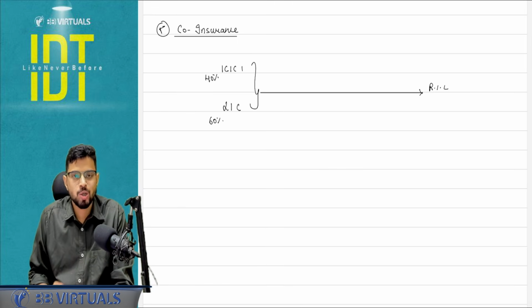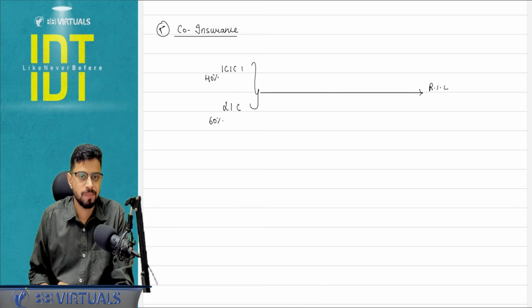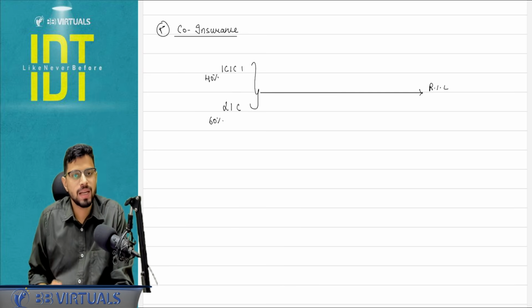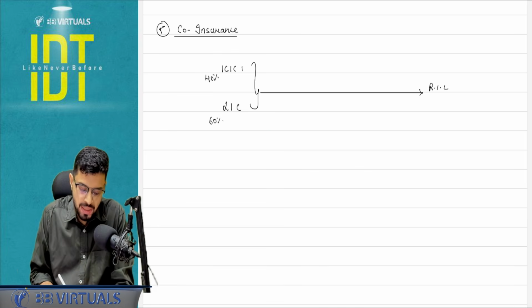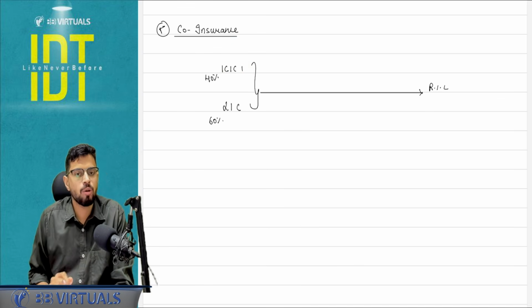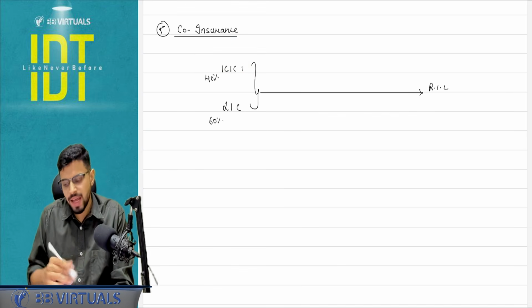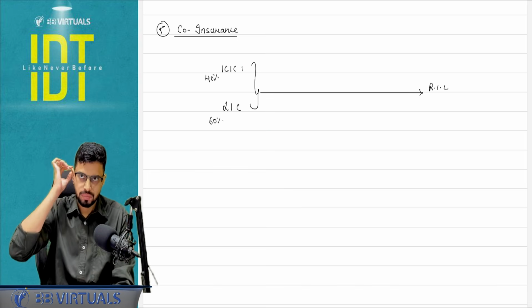Now, in this co-insurance, there is a concept of a lead insurer. Sir, what is a lead insurer? You can say that the lead insurer is the face of the transaction. He is the person who deals and negotiates the policy and then pays the balance amount to ICICI. Sir, can you give us a simple example? Okay.